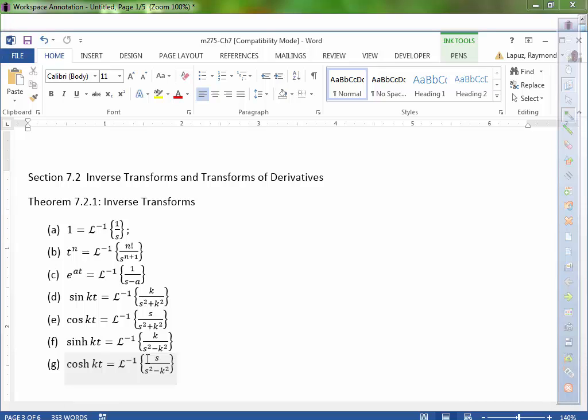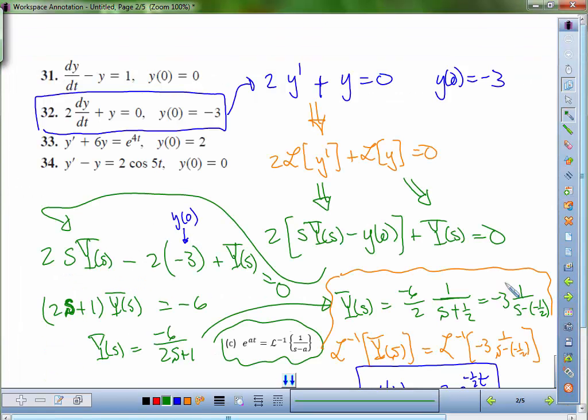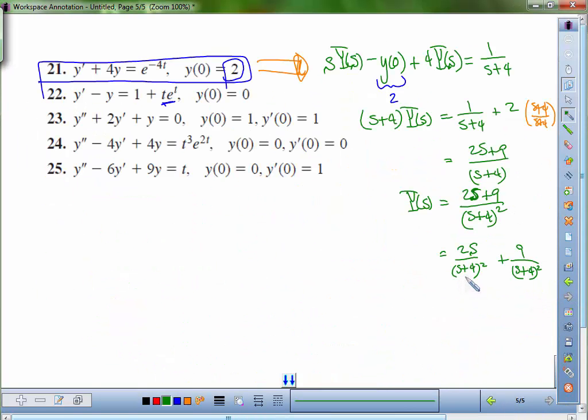So we're kind of stuck. And where are we stuck at? We're stuck at, instead of an s, we have an s minus something or s plus something. We have an s plus 4 that's kind of a little bit of a problem.